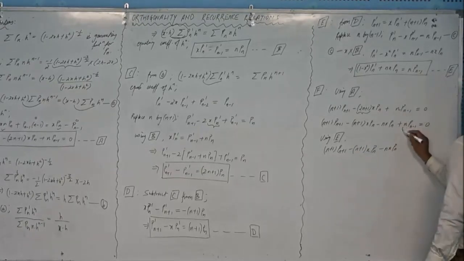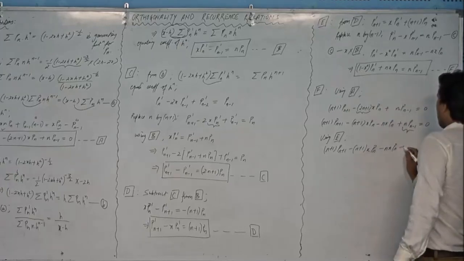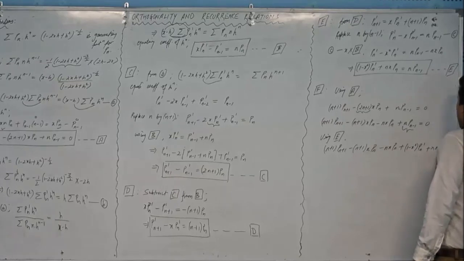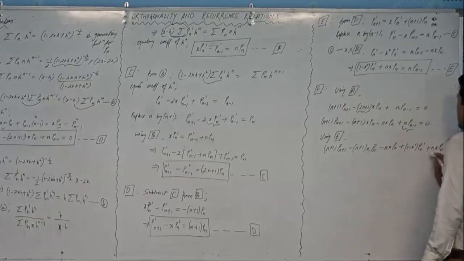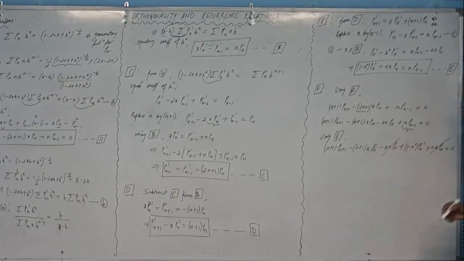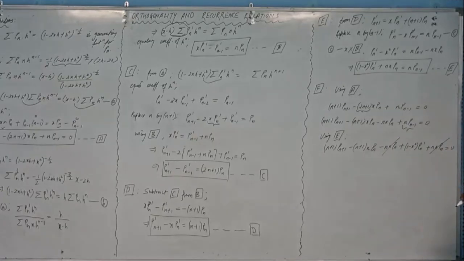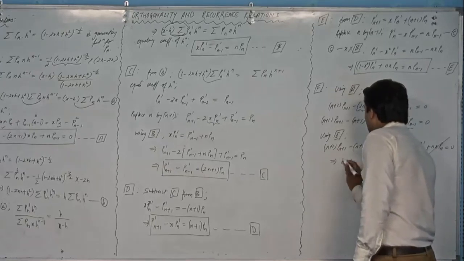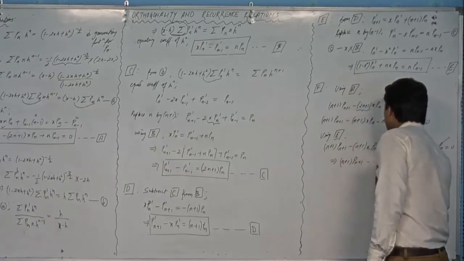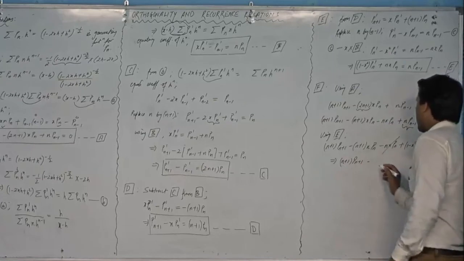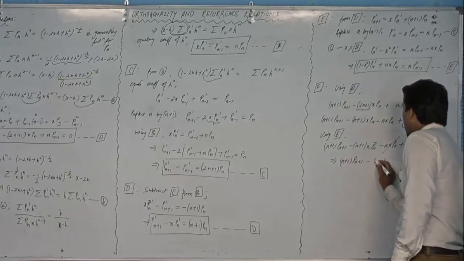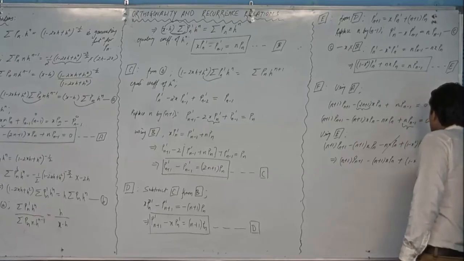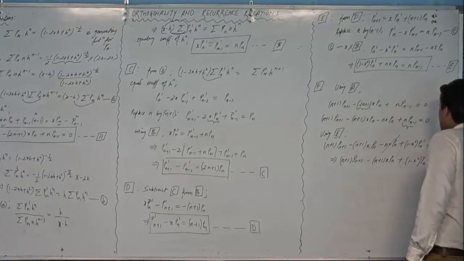Focus on this term: (1 minus x squared) Pn' plus nx Pn equal to 0, so that these two terms will be cancelled out, right? And you will get (n+1) P(n+1) minus (n+1) x Pn minus (1 minus x squared) Pn' equal to 0.